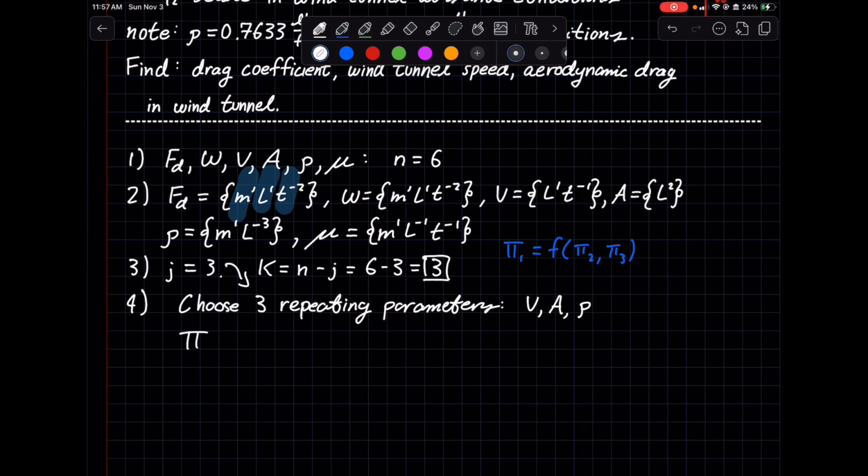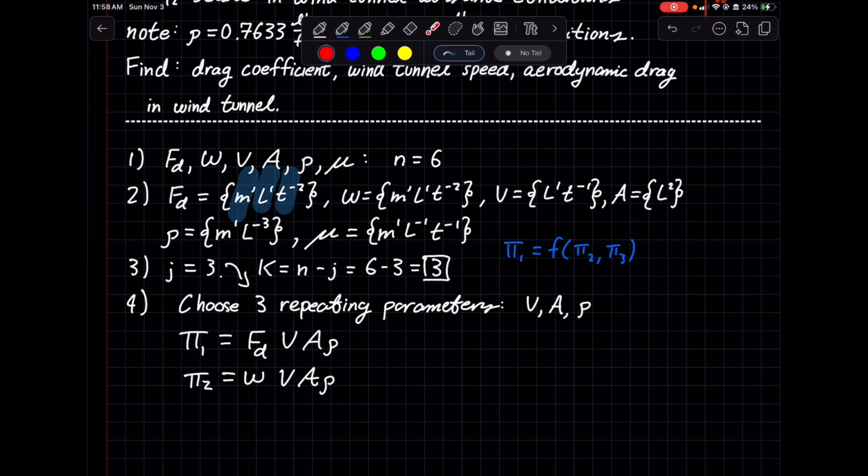So what will end up happening is something like pi 1 is equal to FD times VA rho, and then we'll have eventually pi 2 is equal to weight times VA rho.